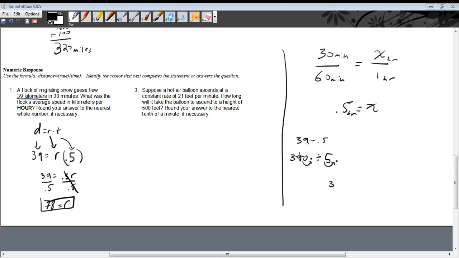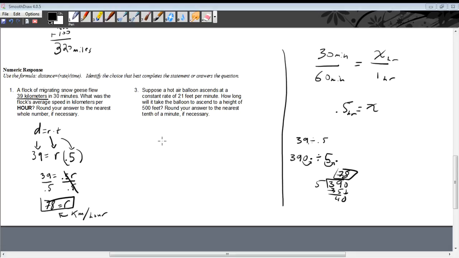If you move it the same places in division, it's going to be the same thing. And now once I divide 390 divided by 5, well, that's 7. Bring down the 0, and 5 goes into 40 8 times, so 78. I should probably label it 78 kilometers per hour.